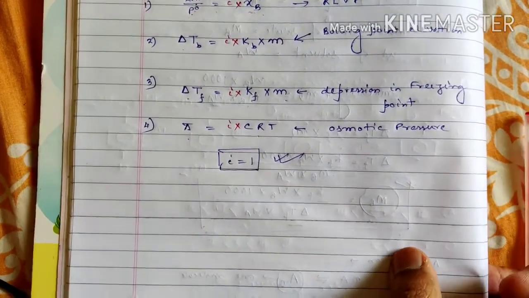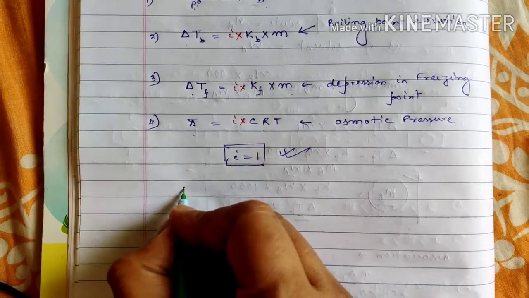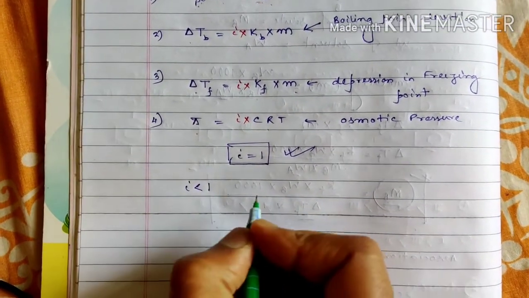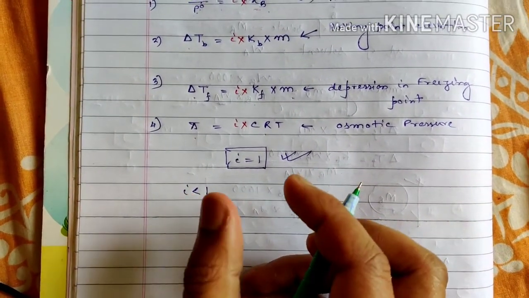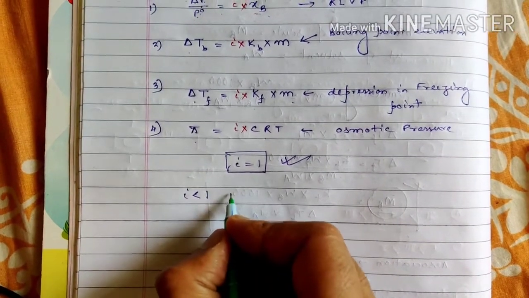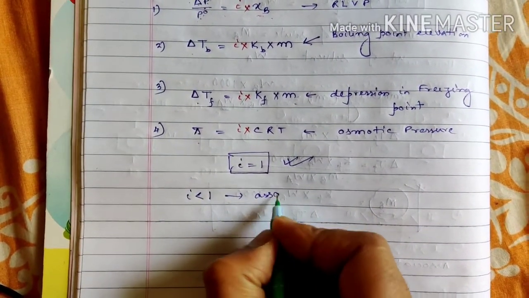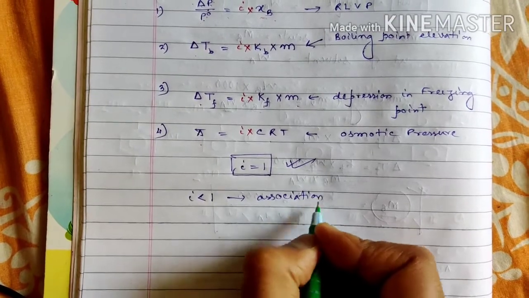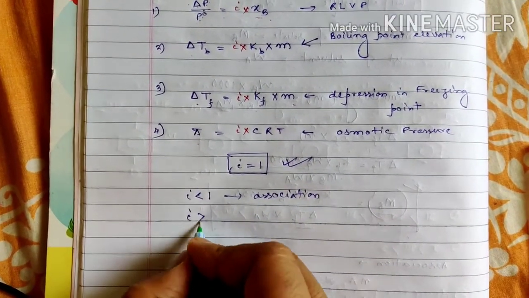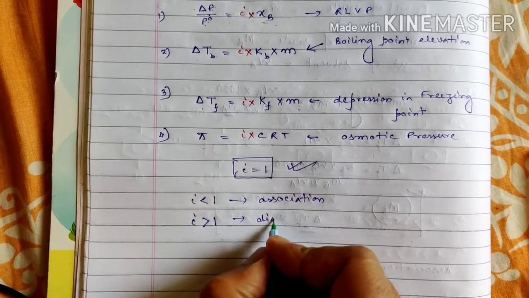But for solutions undergoing association, i will be less than 1, because more number of particles will be combining into 1. So it is for association, and i greater than 1 is for dissociation.